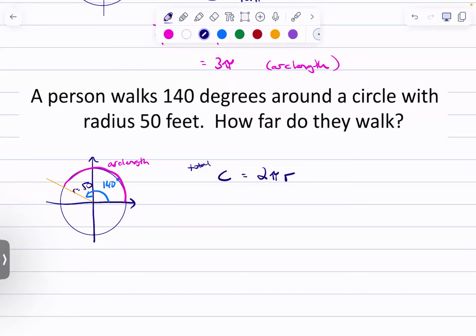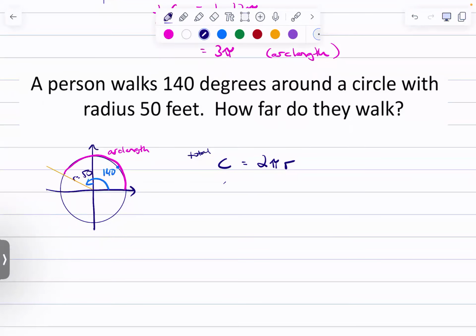Circumference is 2 pi r. And so the circumference is 2 pi times 50. So I get 100 pi. That's just a number, right? So it's just an exact number, 100 pi.